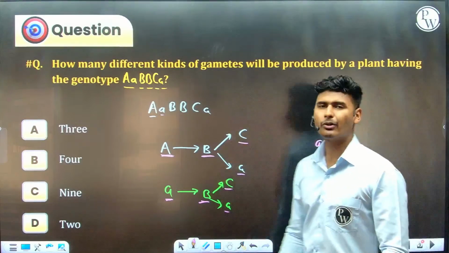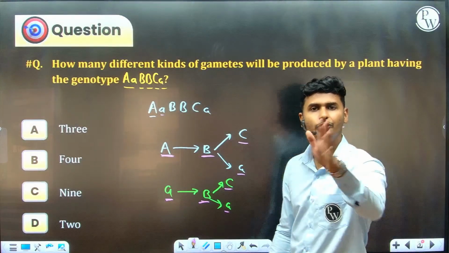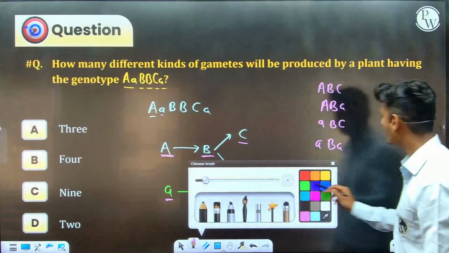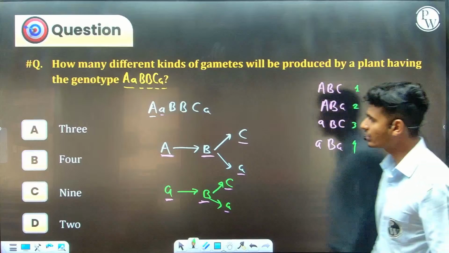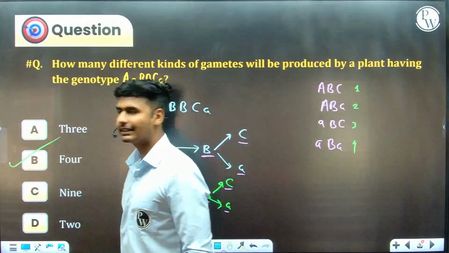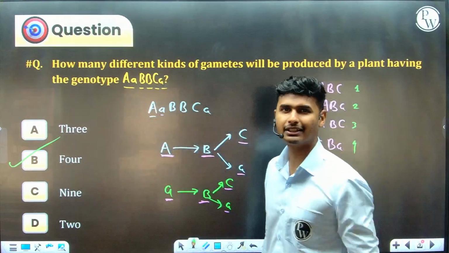Any other possibility for formation of gamete? No. So how many gametes are produced? 1, 2, 3, 4. Any option? 4 is the correct answer. So this is the longest method.